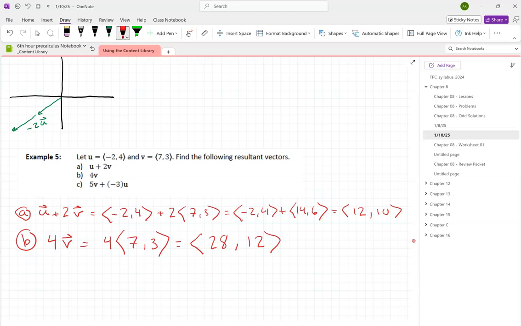Everybody's good there? The next one, notice here that we've written this as plus a negative, not subtraction. Why do you suppose we've written that as like 5v plus a -3u rather than 5v minus 3u?